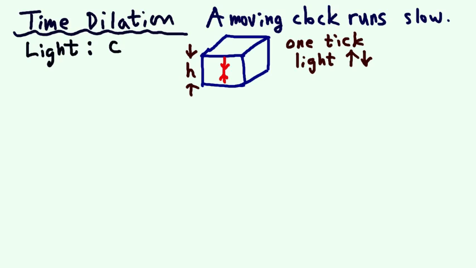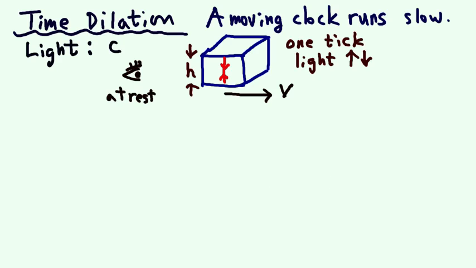In order to see this time dilation effect, we must introduce some relative velocity. So let's say we're in a reference frame, which is an inertial frame, and we are at rest. We're looking at this clock, and let's say this clock is moving at velocity v to the right, and this velocity is along the horizontal face of this clock, and it's perpendicular to the vertical height of the clock. Okay, so that's the setup.